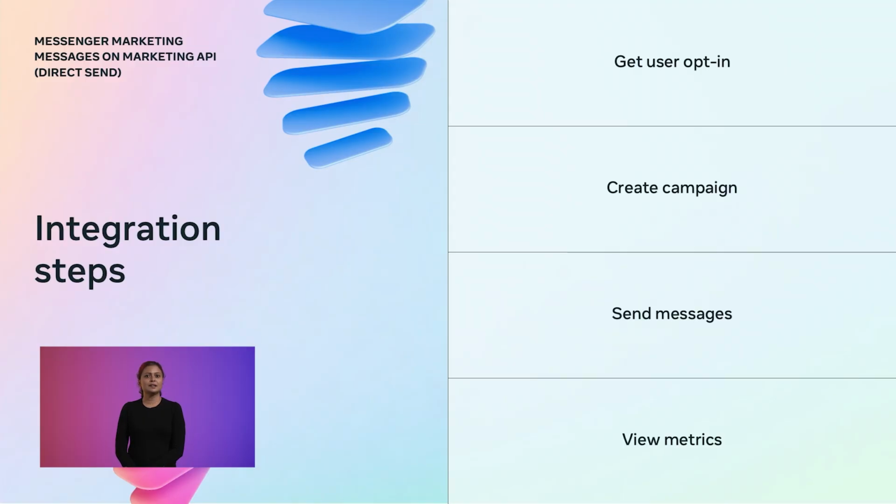As you can see in this slide, the integration is pretty simple with 4 main blocks: get user opt-in, create campaign, send messages, and view metrics. Let's start with obtaining and managing user opt-in for receiving marketing messages.